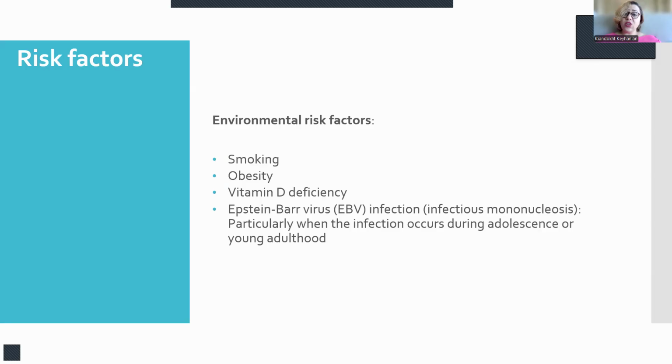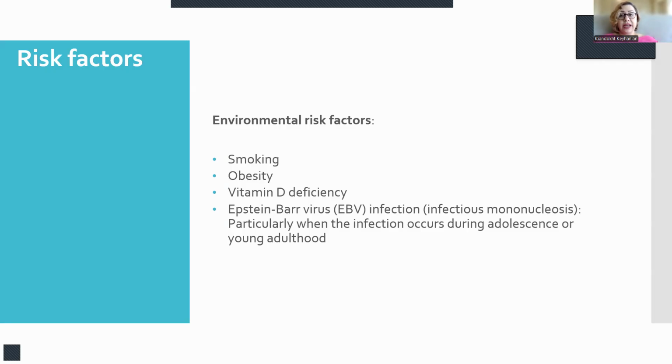Another risk factor for developing MS is obesity. It has been shown more in pediatric MS patients, but it can also be observed in adults. We have seen that people who are more obese have a higher chance of getting MS, and again, there is a higher chance of MS progression if they stay obese.